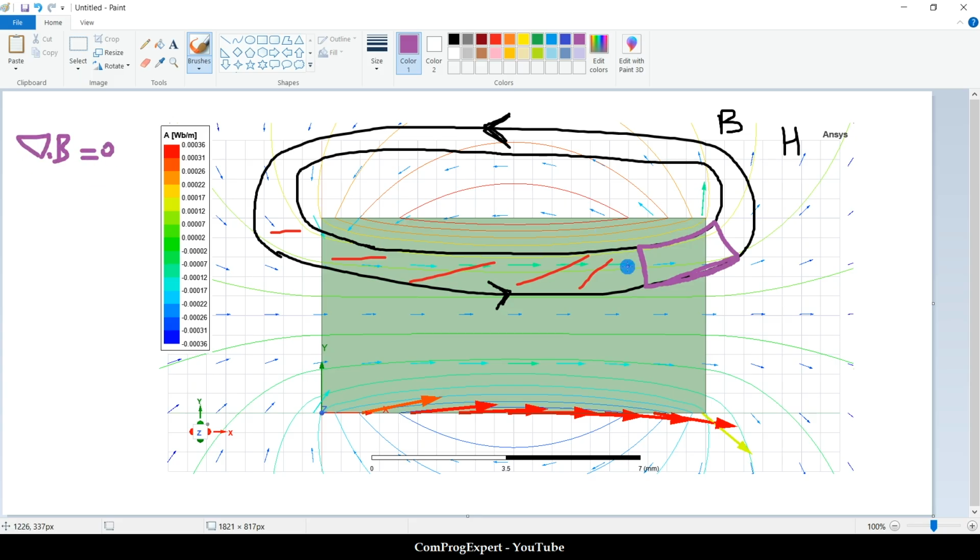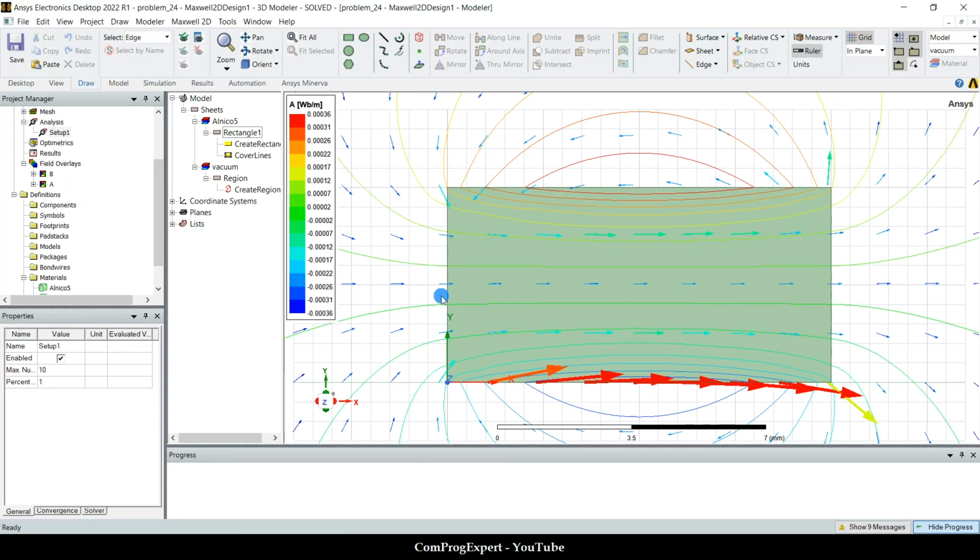So the flux entering into this region from here, we have the same flux leaving in this direction, and the divergence of B will be equal to 0. This is the Maxwell equation that we have.